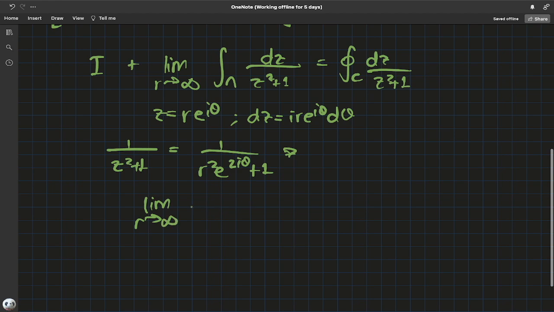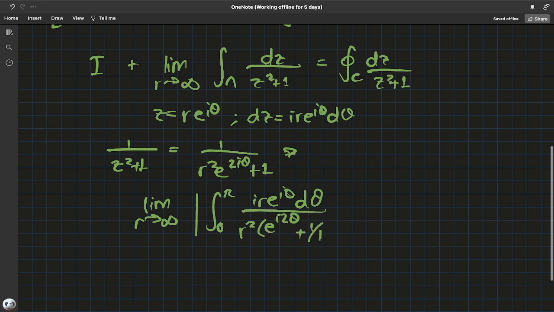As r goes to infinity, we have the absolute value of the integral from 0 to pi of i r e to the i theta d theta divided by r squared e to the 2i theta, where I'm just factoring out r squared from the denominator.